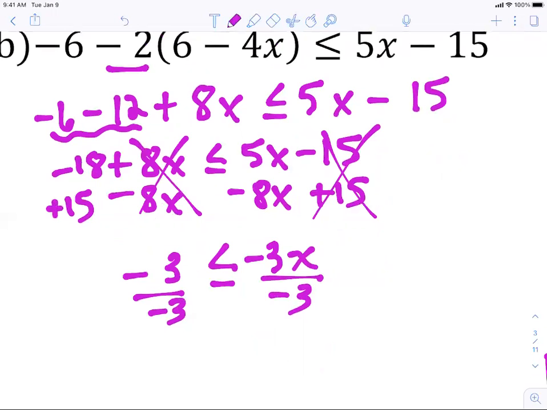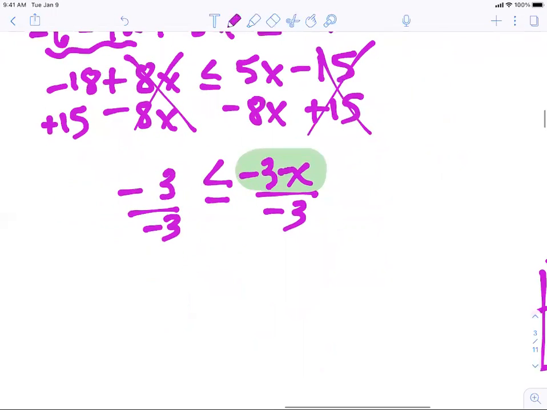If I have this negative 3 in front of the x, that means in order to get x alone, we have to divide by negative 3. And this is a classic case of when you have to flip your sign. On the left-hand side, negative 3 divided by negative 3 is going to switch from a negative to a positive.